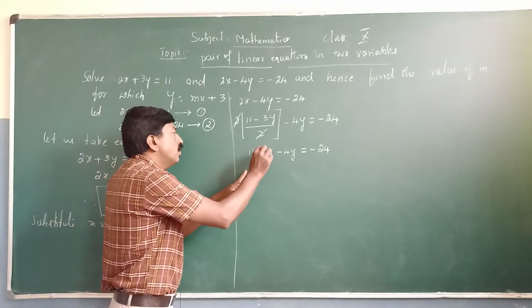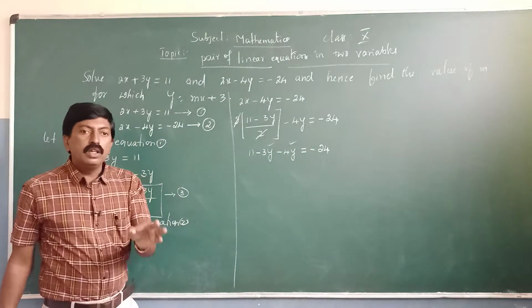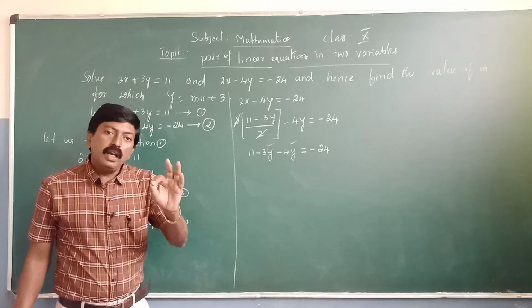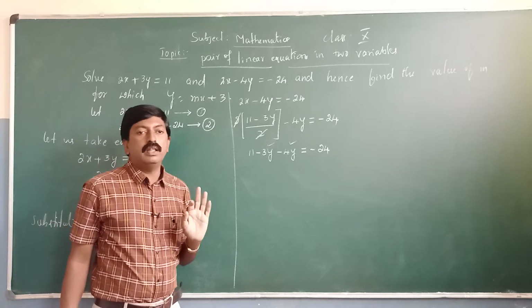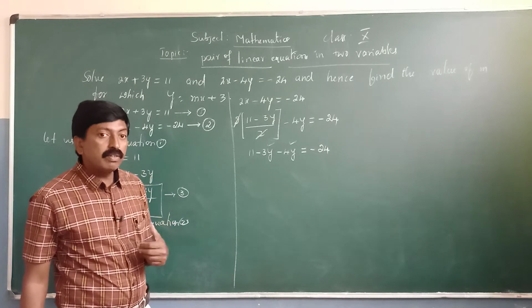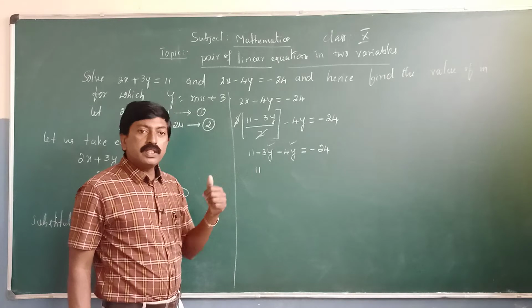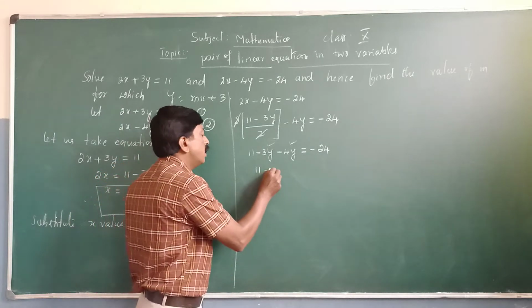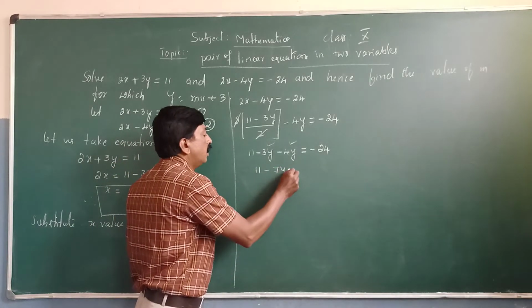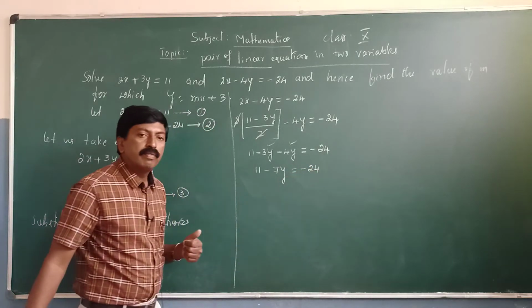Now observe these two. Minus 3y and minus 4y are like terms with like signs. Then what we have to do? Yes, we can add these two. 11 minus 3y and minus 4y is minus 7y, which is equal to the RHS as it is.